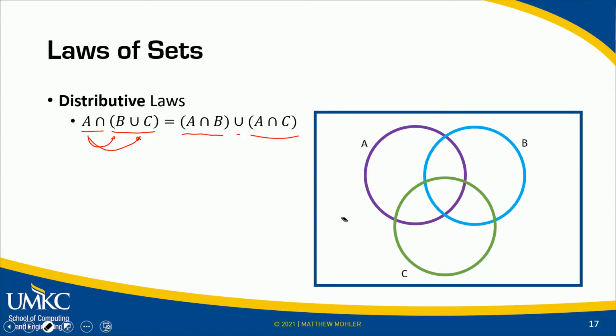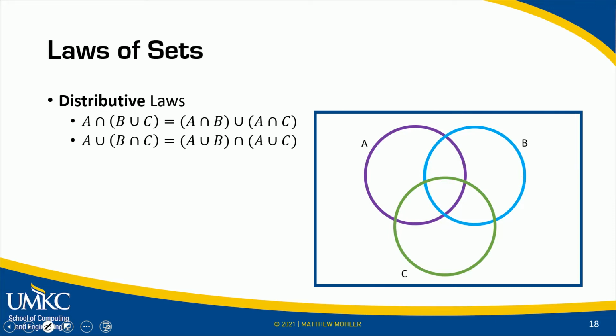Now, looking at it from a slightly different perspective, we look at the other side of that argument. We can first do A ∩ B, which is all of this area here. Then we can union that with A ∩ C, which is all of this area here. You'll notice that the area that we're left with is still all of this area in the middle, which is the same as what we had before.